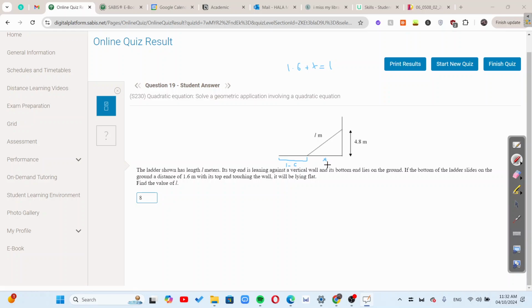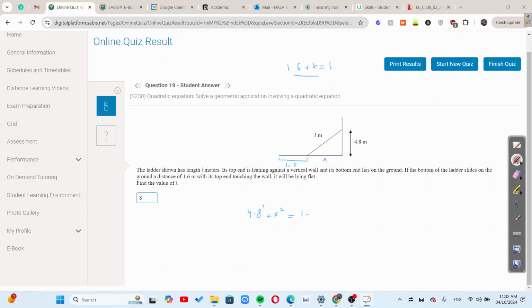Now here we have a triangle, so we could find x by the Pythagorean theorem. We know that the Pythagorean theorem is leg squared plus leg squared equals hypotenuse squared. So let's write 4.8 squared plus x squared equals, we're not gonna write L squared because L is the same as 1.6 plus x.